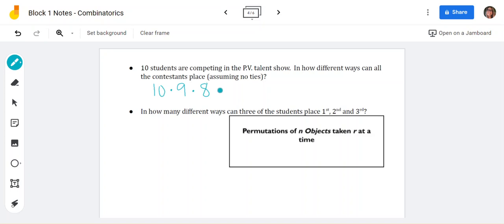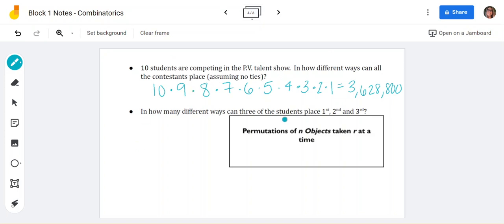Once that's chosen, there's only 8 options for third, fourth, all the way down until we choose the last person. So there would be 3,628,800 possible ways we could arrange all 10 people from first to last place.